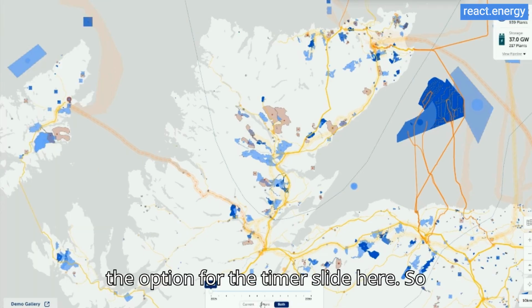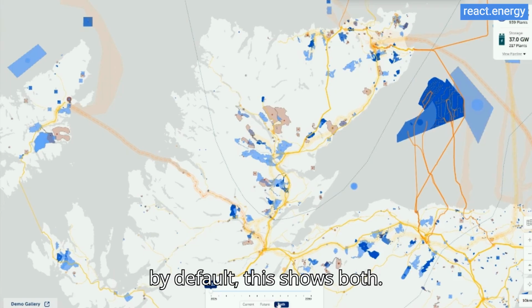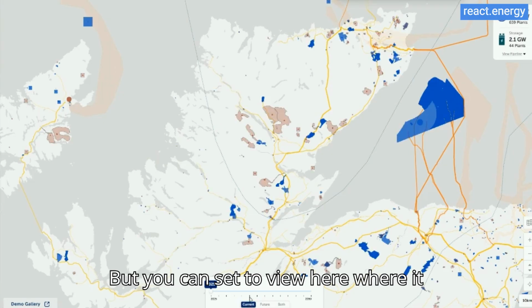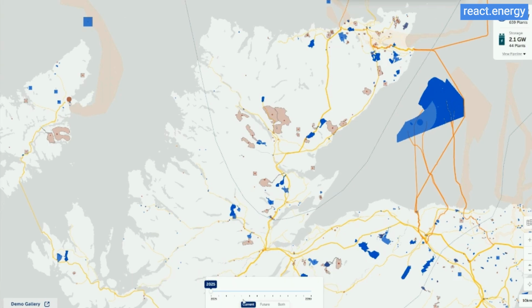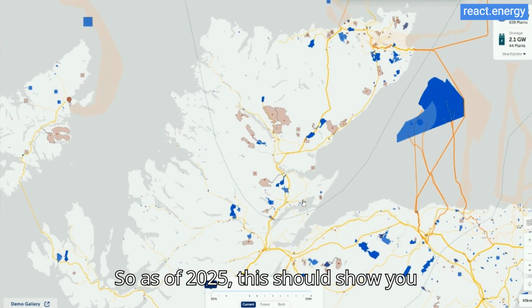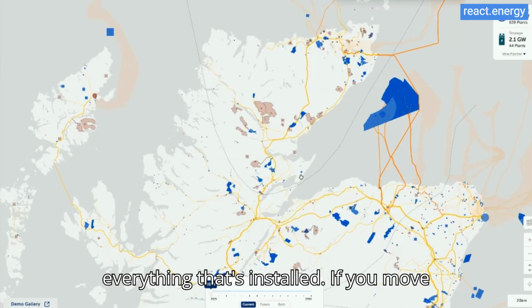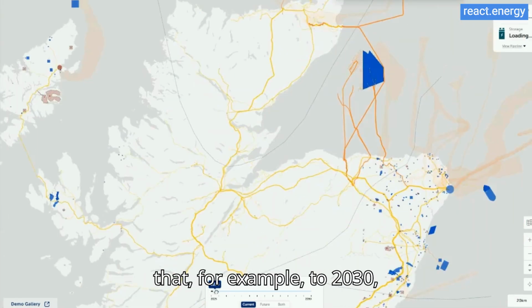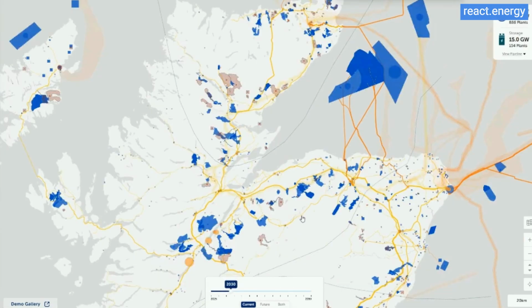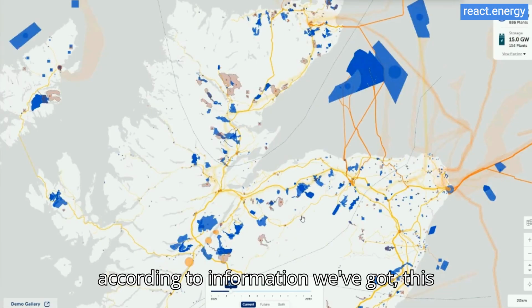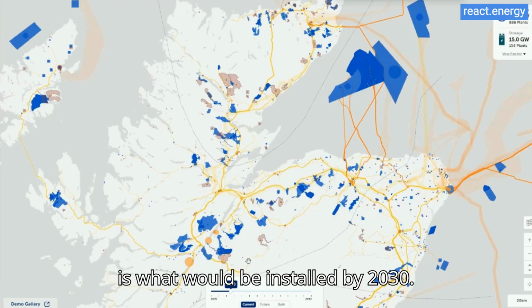So the options for the time slider here. By default, this shows both, but you can set to view here where it shows only everything that's installed or current at that time. So as of 2025, this should show you everything that's installed. If you move that, for example, to 2030, then that should give you a view of, according to the information we've got, this is what would be installed by 2030.